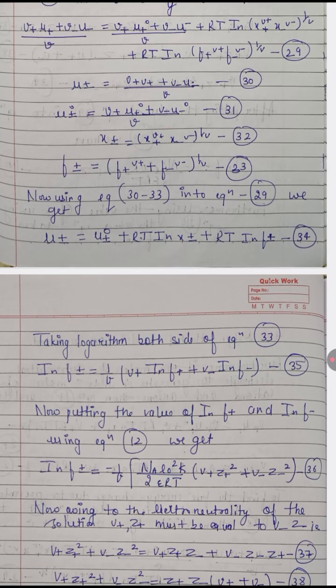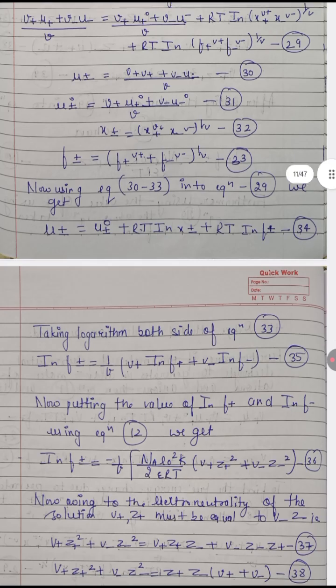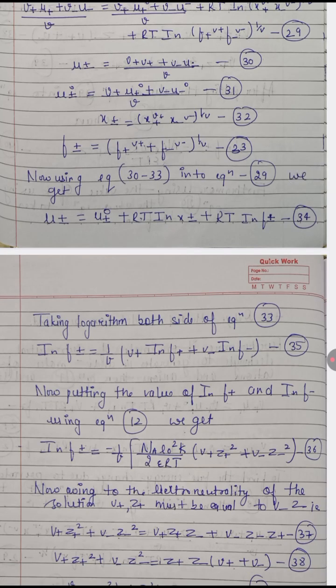Then (nu plus mu plus plus nu minus mu minus)/nu equals (nu plus mu naught plus plus nu minus mu naught minus)/nu plus RT ln (x plus^nu plus x minus^nu minus)^(1/2) plus RT ln (f plus^nu plus f minus^nu minus)^(1/2), equation 29.